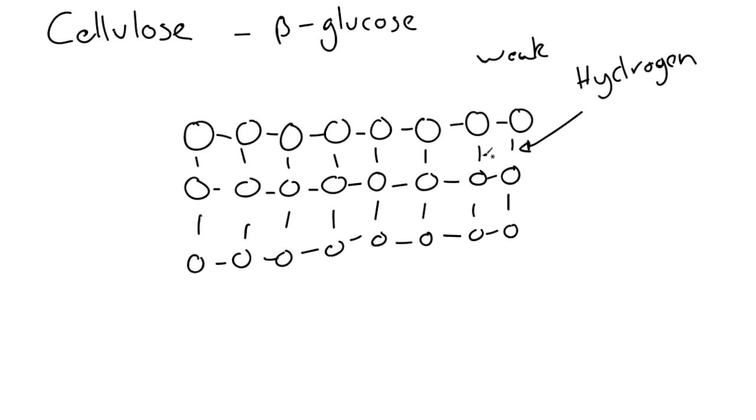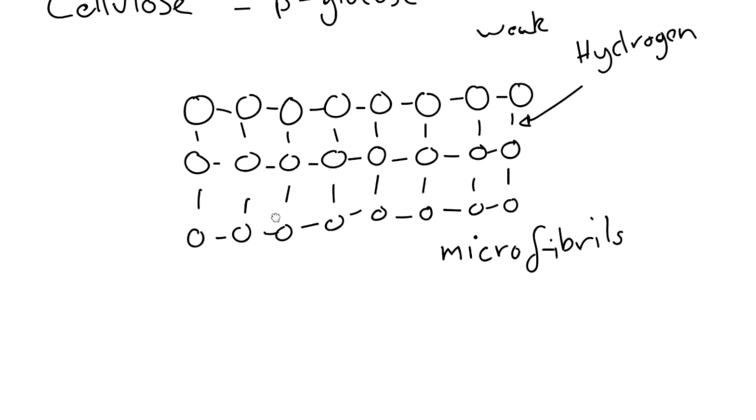So even though these are weak, they form strong fibers called microfibrils. Okay, so they form this, and these are the stringy things that you get on plants, and they provide structural support for cells, like within the cell walls and things like that. Okay, so that's the last polysaccharide you need to know.